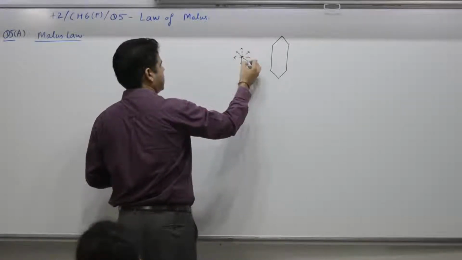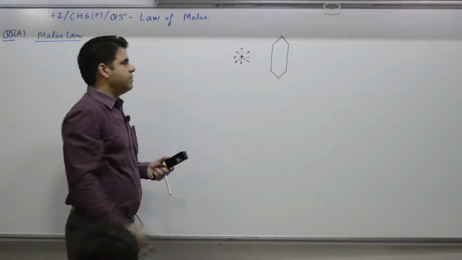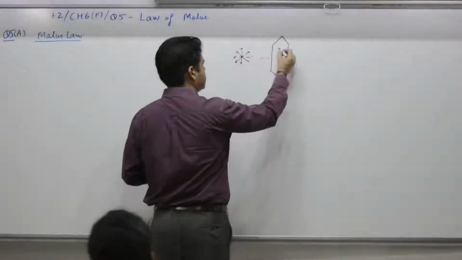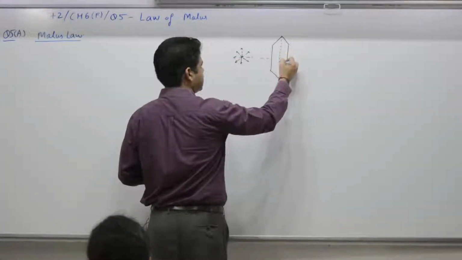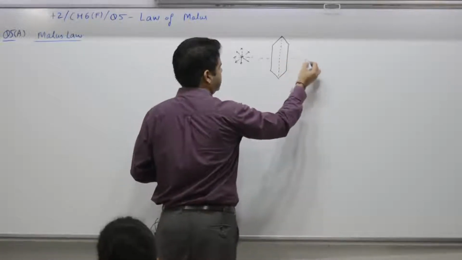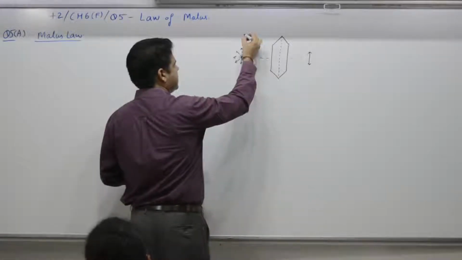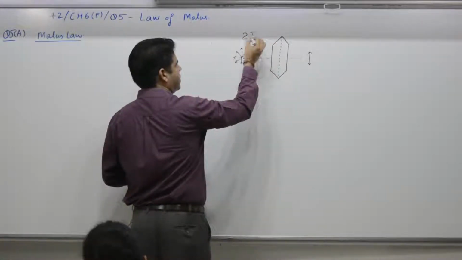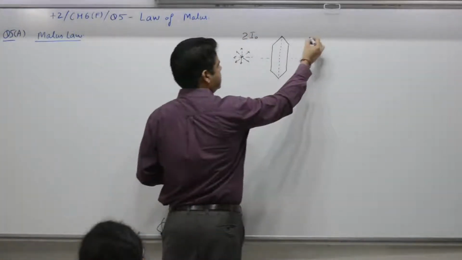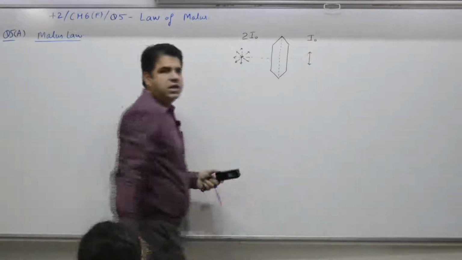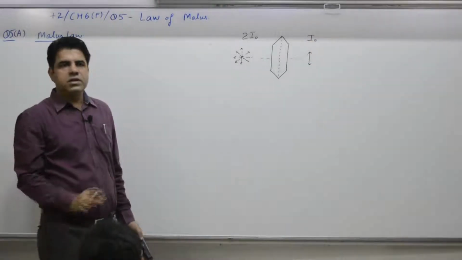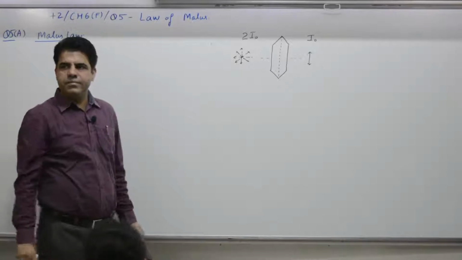When this unpolarized light passes through, this is the axis, then it gets polarized. If this intensity is 2 I naught, after polarization the intensity reduces to half. To be proved at the end of this article.